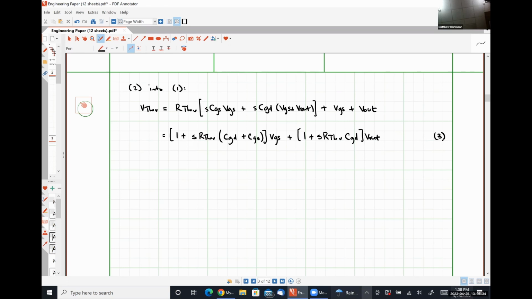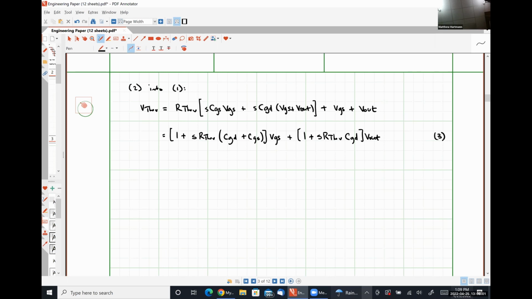I have a CGD coming from here and a CGS coming from here, so that bit seems legit. The 1 for V out comes from right here. And then I have an S times an R Thev times a CGD times V out. So things algebraically seem to check out for me. Excuse me.